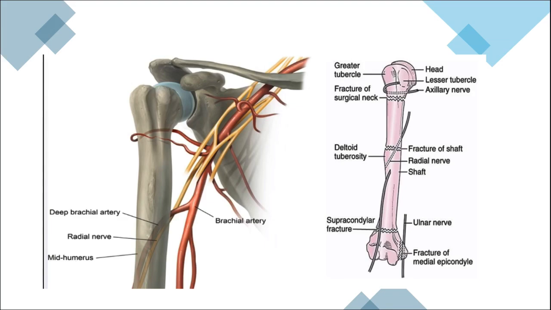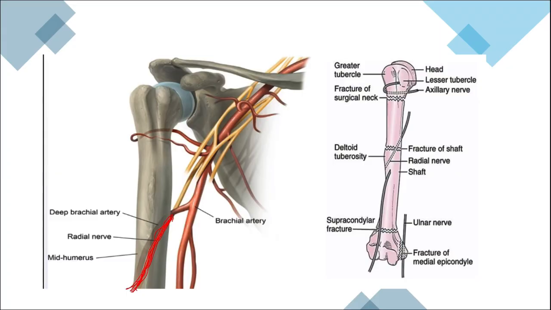If you look at this image, you can see the humerus and the radial nerve passing along the diaphysis of the humerus. If a patient lies down after alcohol and too much dizziness, the patient will sleep on this area.